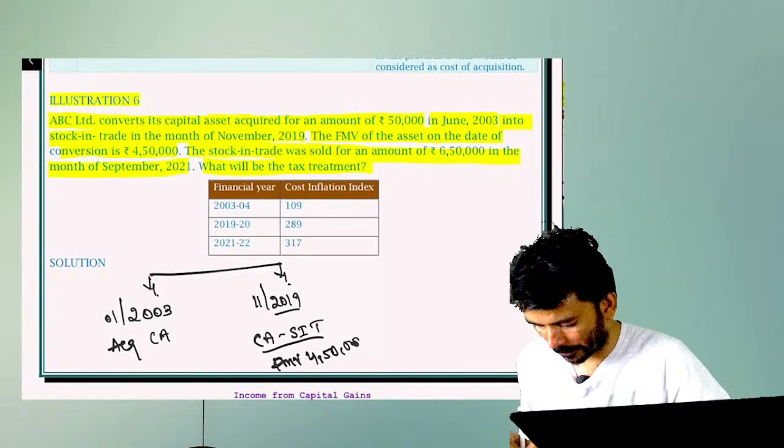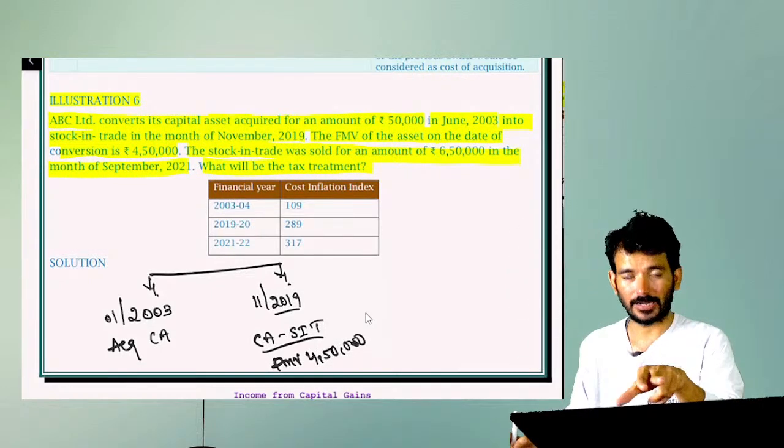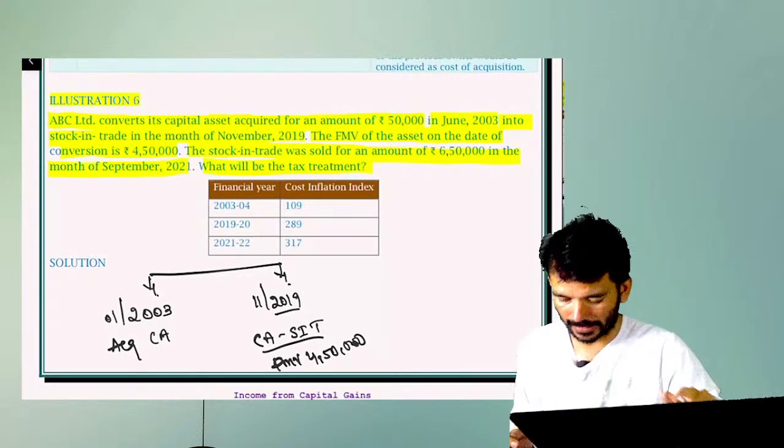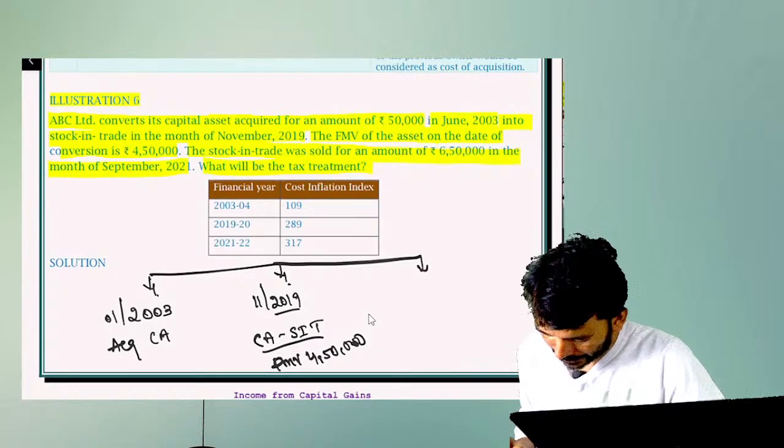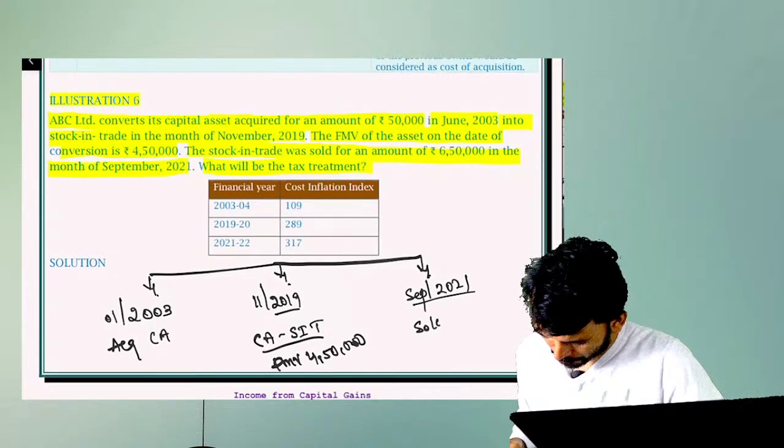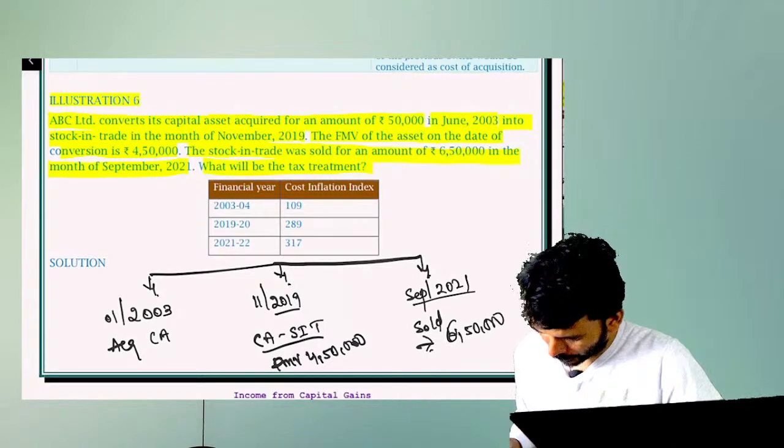You apply all the provisions on conversion. Is it transfer? Yes, it's transfer, but you will not pay tax there. Eventually it is sold in September 2021, sold for 6.5 lakh. Now tell me, what is chargeable under capital gain? What is chargeable under PGBP?